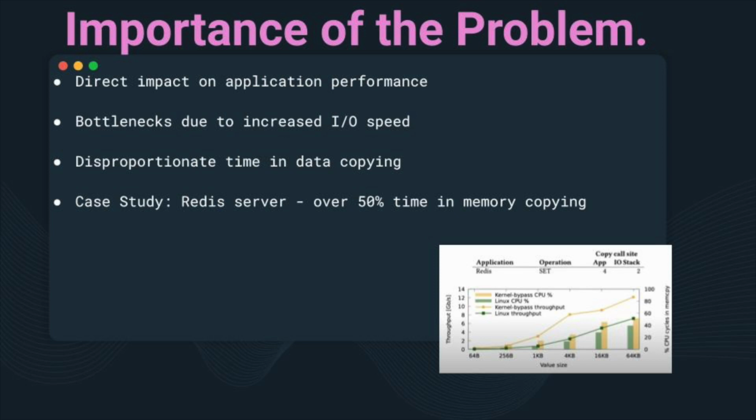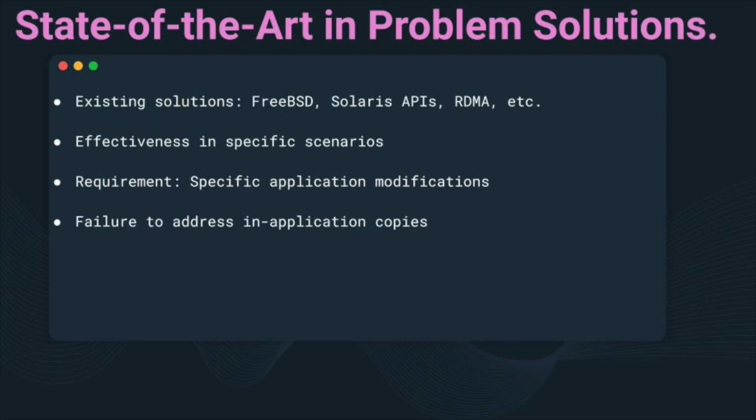Now, here is where we talk about the state-of-the-art in existing solutions. Now, these are already made solutions. So starting off, we have existing solutions like FreeBSD and Solaris zero-copy APIs, RDMA, NetMap, and memory mapped files, which have all attempted to address the issue of excessive data copying.